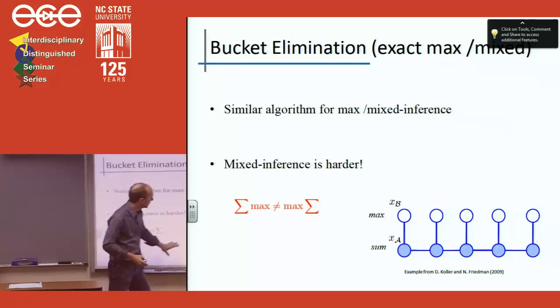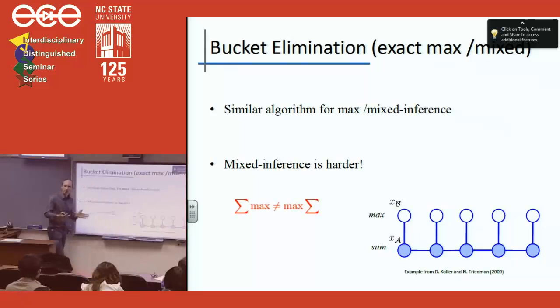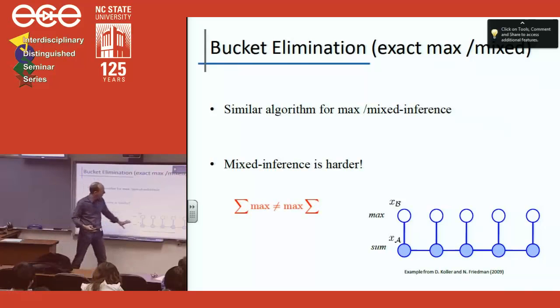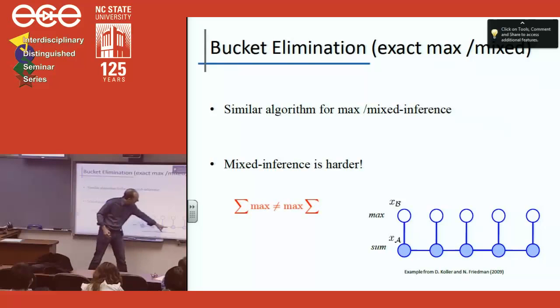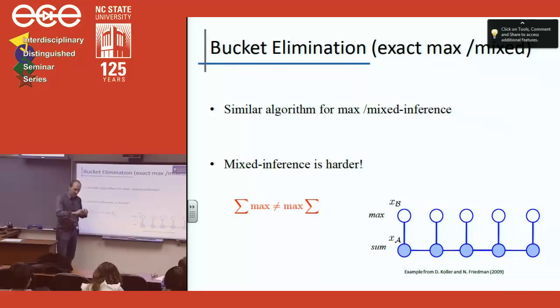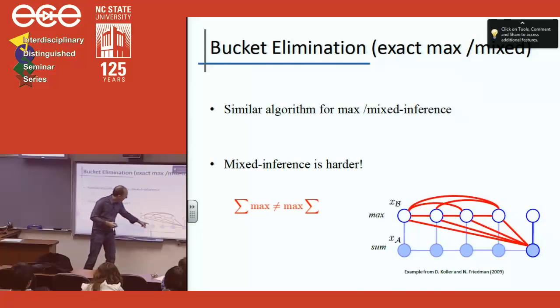So for instance, here's a graph which is trivial to solve if you maximize over everything or sum over everything. It's just a hidden Markov model. But if I tell you that I want to sum out all of the hidden chain nodes and find a maximizing configuration of these hanging leaves, the problem becomes really hard. If I sum this out, I'm going to slowly build up dependencies between these max nodes.